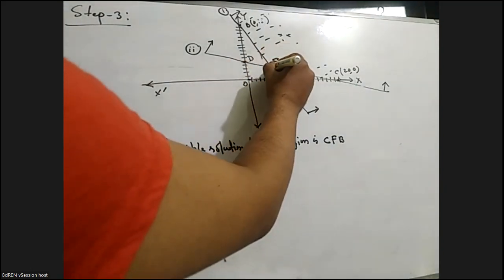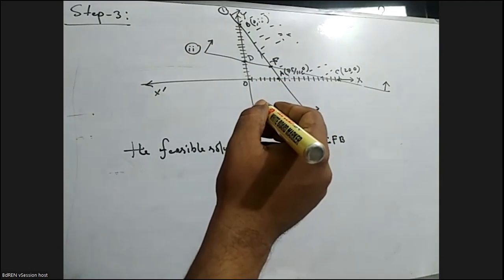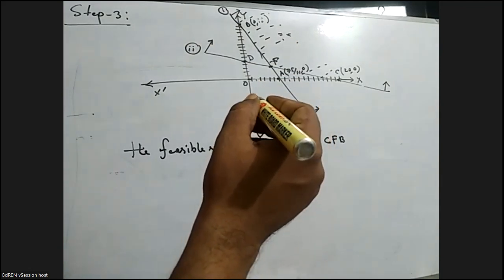This is the intersection point of line 1 and 2. We have to solve equations 1 and 2.